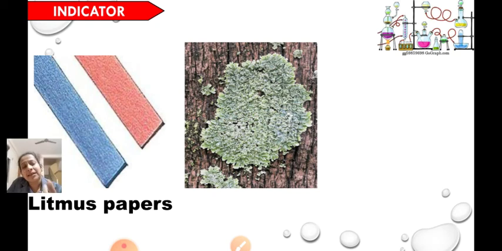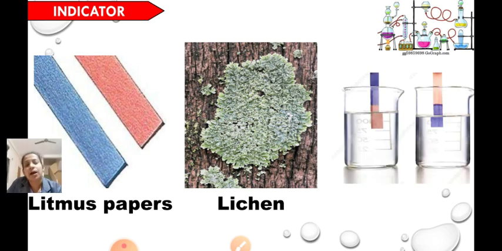And how do their colors change? Now blue litmus paper, if it is dipped in an acid, blue will change to red. I'll again repeat, blue when dipped in the acid will change to red.